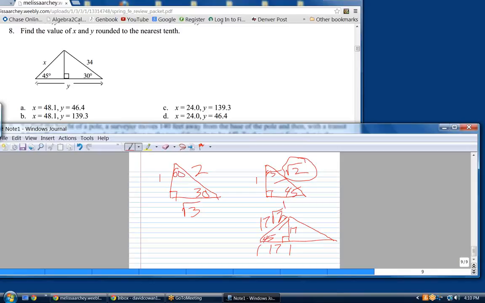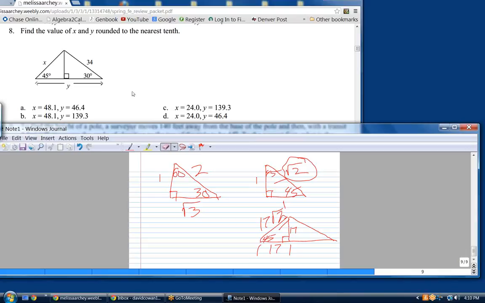Okay, so I'd really like to get you to a point where you can solve these problems based on similar triangles, because you can't always use the Pythagorean theorem. In this particular case, you can't use the Pythagorean theorem to answer this question.